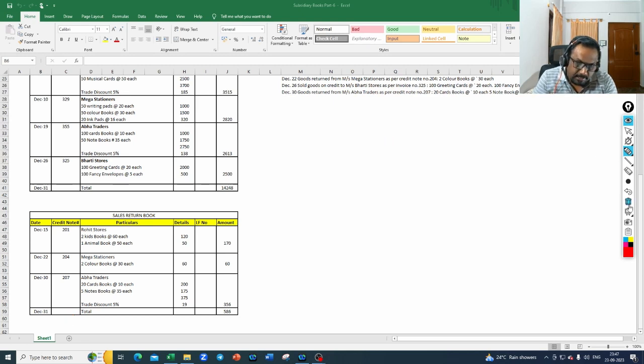Abha Traders, 20 card books at 10 rupees, 5 notebooks at 35 rupees, and 5% trade discount. See here, 20 card books, 20 into 10, 200, 5 notebooks at 35, 5 into 35, 175. Total put together 375. On top of it, we need to calculate 5% trade discount. That is coming to approximately 19 rupees.